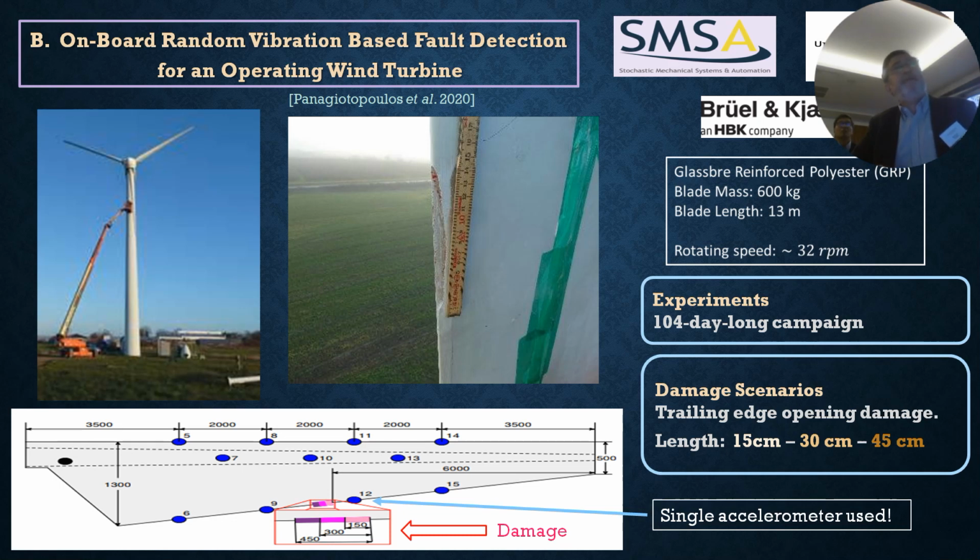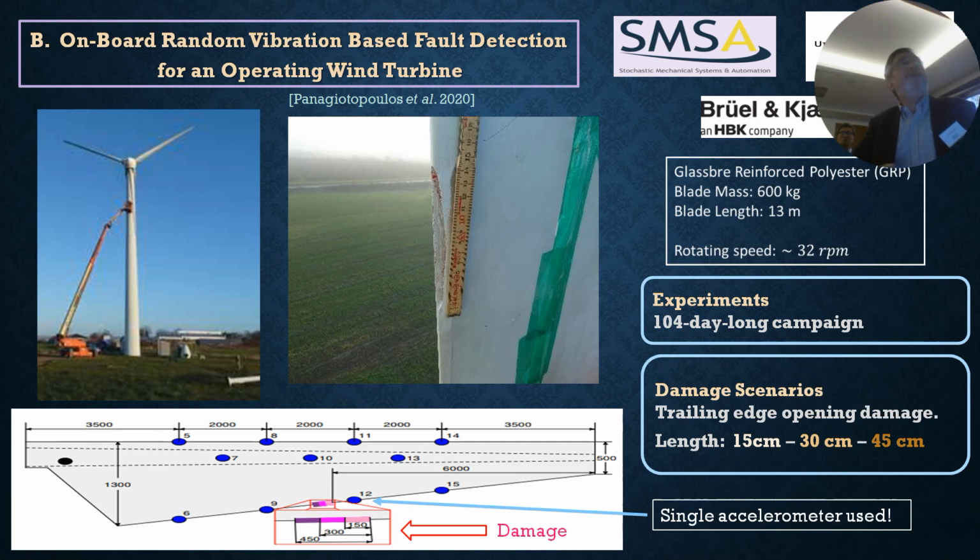This is a diagram of the blade, so the damage is here. And this was instrumented by accelerometers. And each time we used just one accelerometer to see whether we can automatically detect the damage by using the acceleration signals. I want to emphasize that the damage is really small.